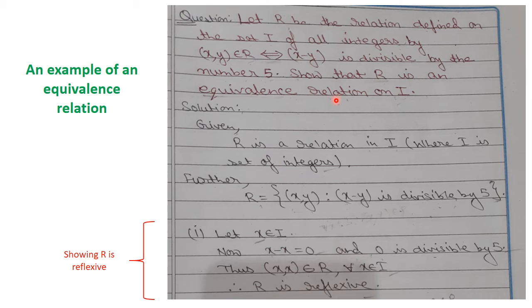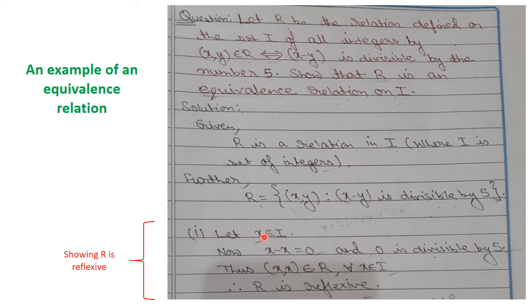So for that we need to show that R is reflexive, symmetric, and transitive. Here R is the set of all ordered pairs for which x minus y is divisible by 5. In order to show R is reflexive, we must show that every element of I is related to itself.